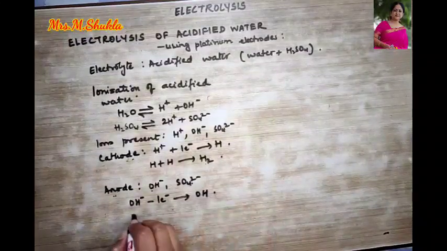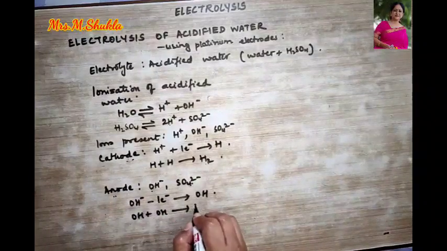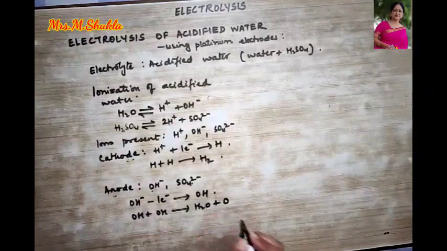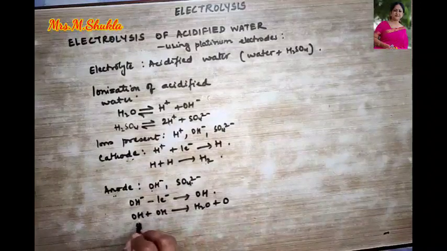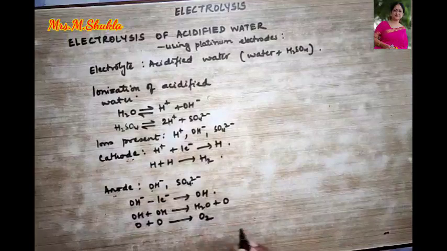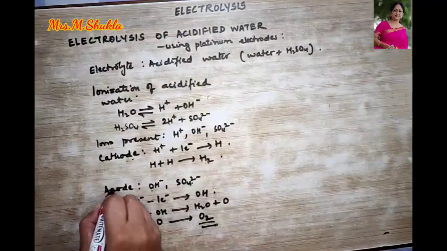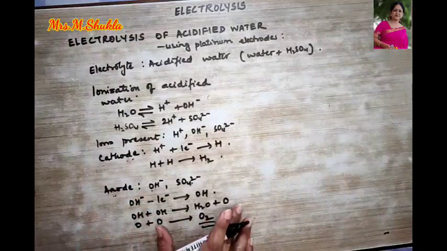OH, right? Number of OHs are going to combine to form H2O plus nascent oxygen. Now again the nascent oxygen combines and forms oxygen. So this oxygen gas is released where? At anode. I hope this is very clear.